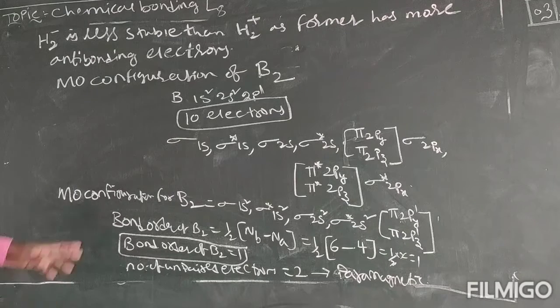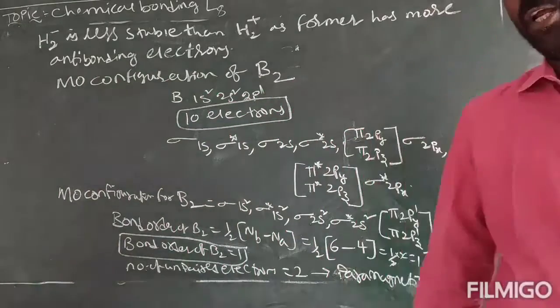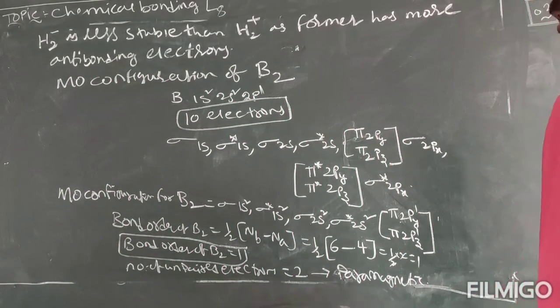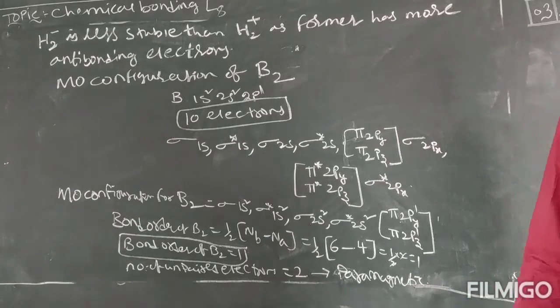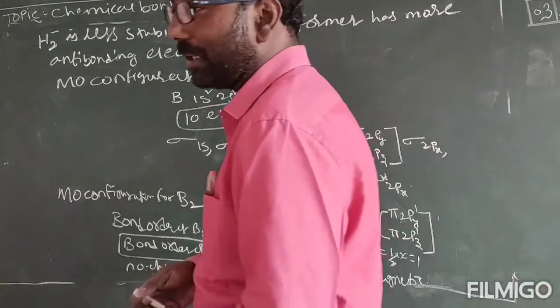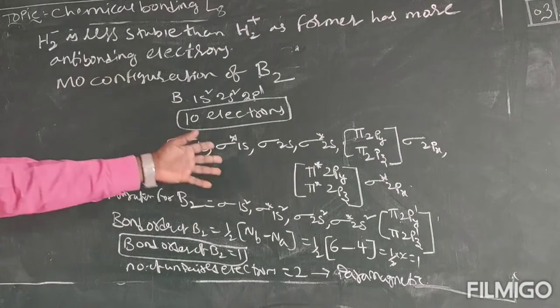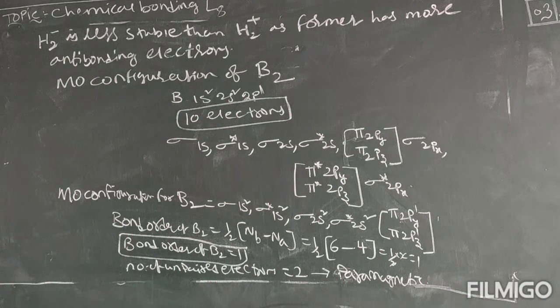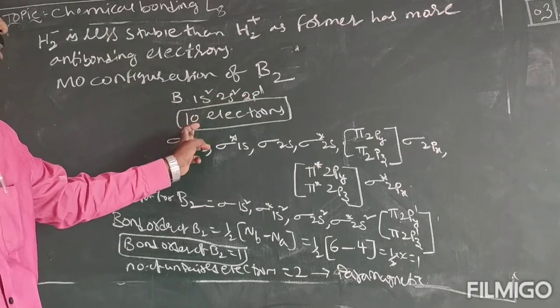Have you understood how to write the molecular orbital electronic configuration? We call it the molecular orbital configuration of B2. You have to consider the total number of electrons in bonding. In boron there are 5; for 2 borons, total 10.